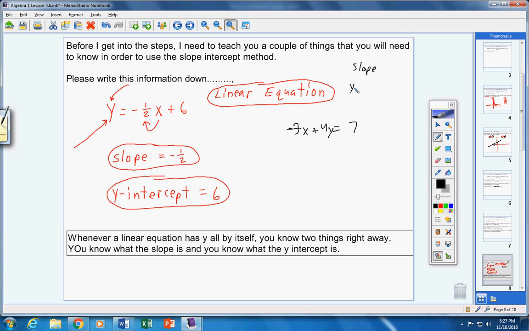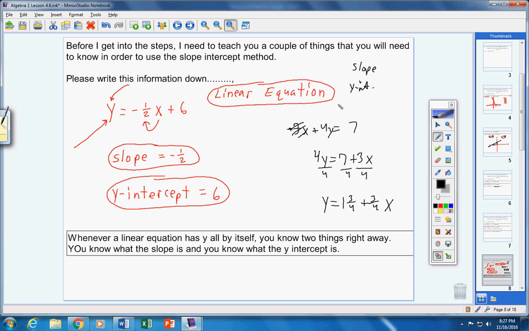And what's the y-intercept? All you have to do is get y by itself. Watch. Bring the 3x over and make it positive. Divide everything by 4. And you're left with 7 over 4 is 1 3/4. And the number in front of x would be 3/4.